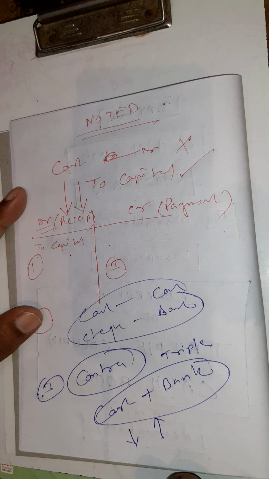Such transactions are entered on both sides of the cash book. Such entries are known as contra entries and are not posted into the ledger.